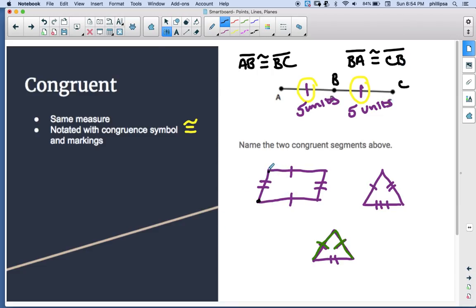Similar to that, if I was to label this parallelogram with ABCD, I know that BC would be congruent to AD. And I would also know that AB would also be congruent to CD. Well, we'll hold off on angles because that is going to be in another video.